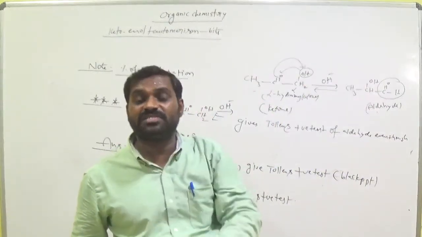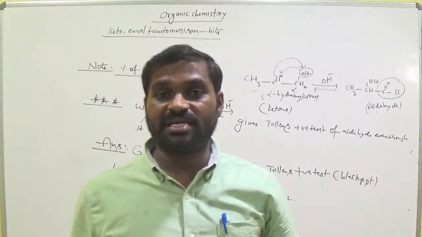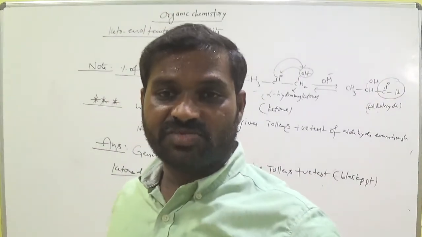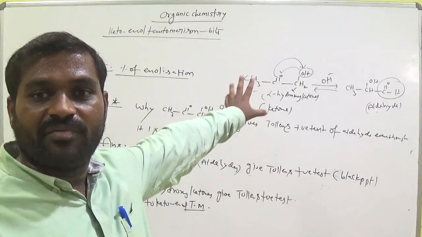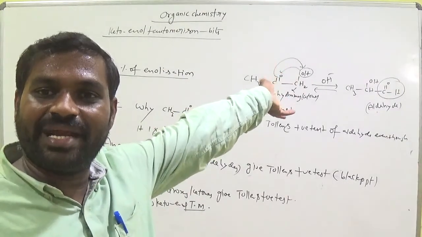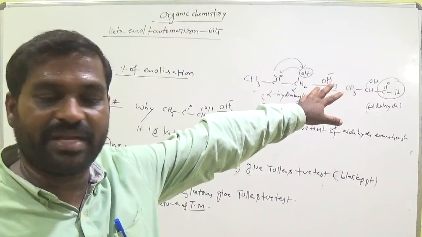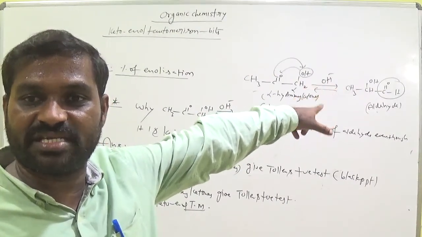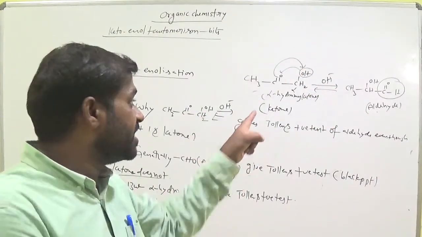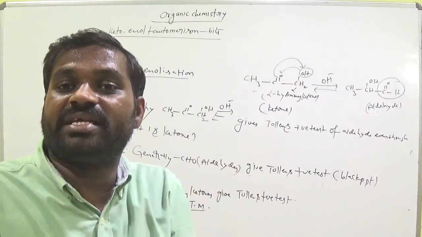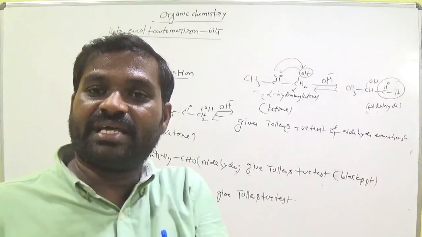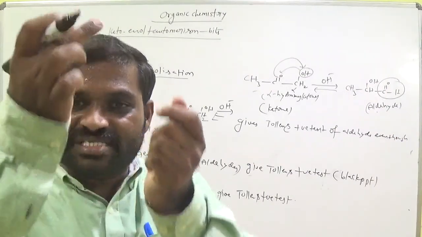So aldehyde groups easily give Tollens positive test. Am I right, ma? Clear, students? So that's why even though it is a ketone compound, when we add Tollens reagent, immediately it forms black PPT. That means it gives Tollens positive test.